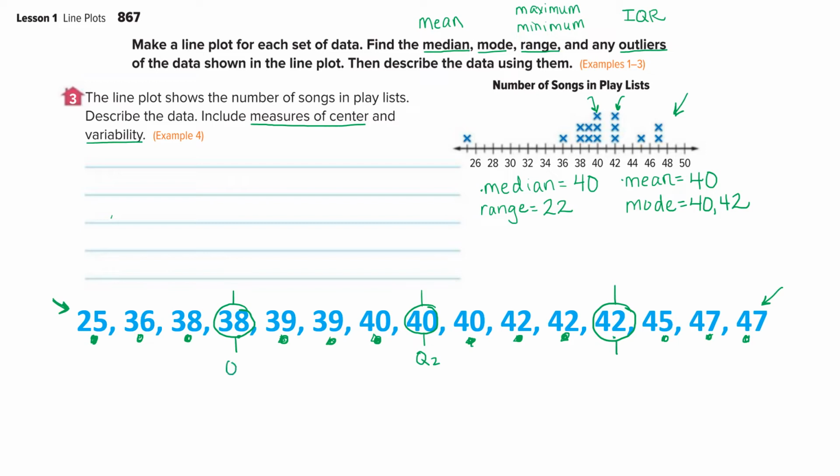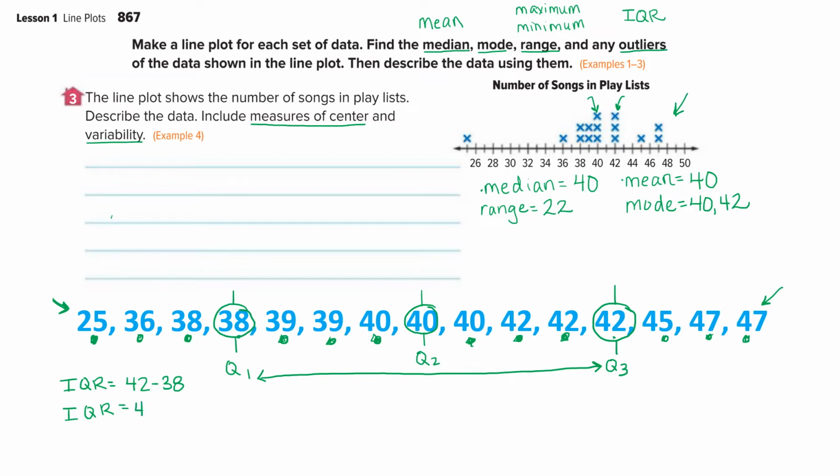Okay, so this is quartile 1, quartile 3, and the interquartile range is the difference between the two. So the interquartile range equals 42, take away 38. So the interquartile range equals 4.